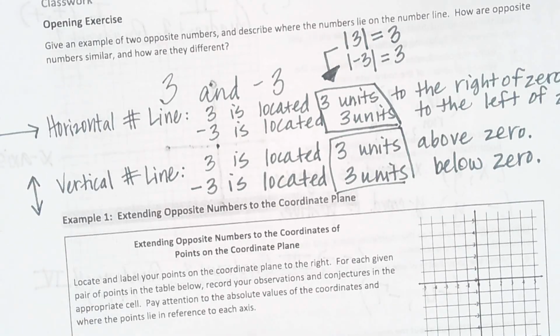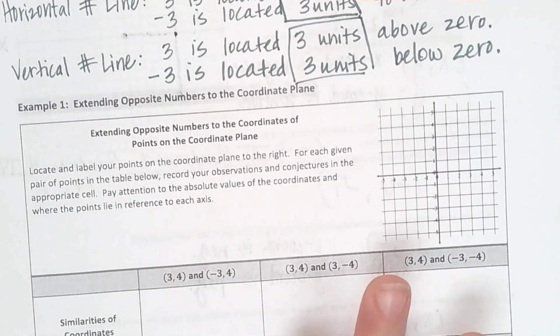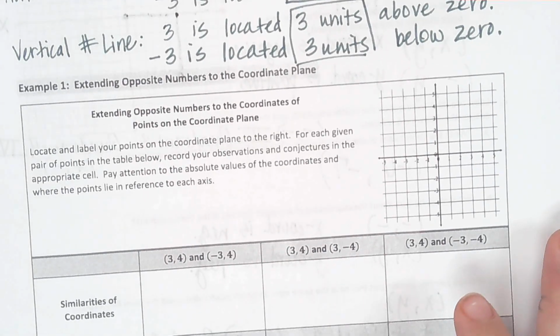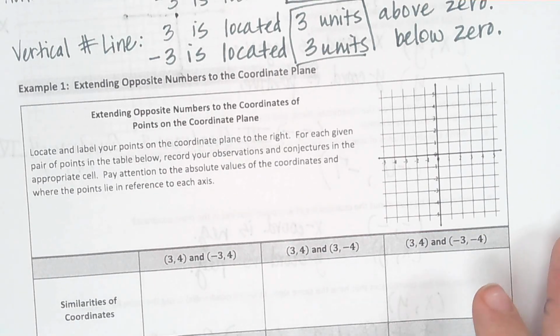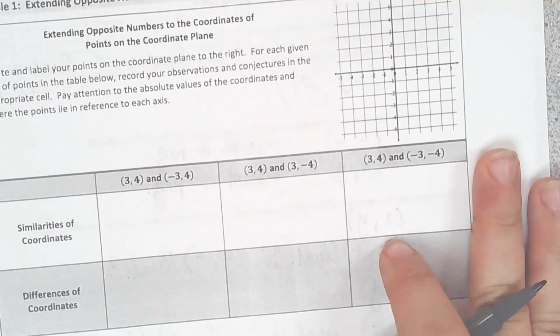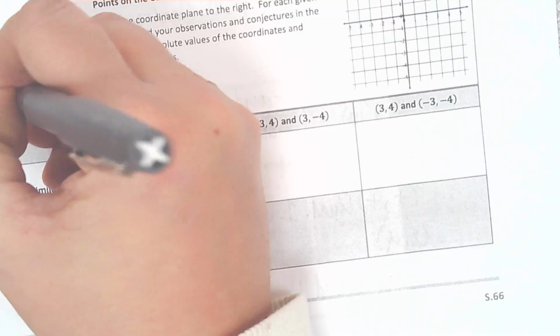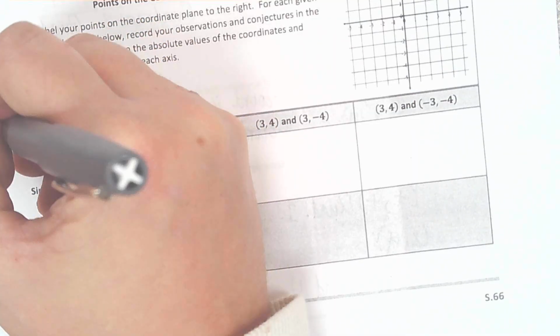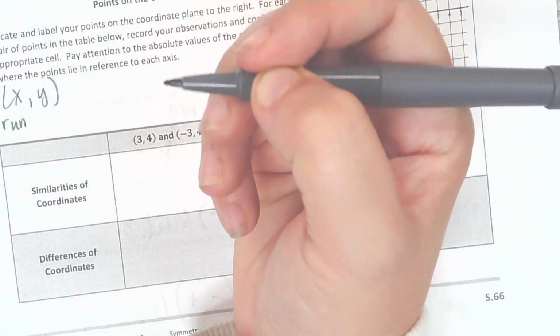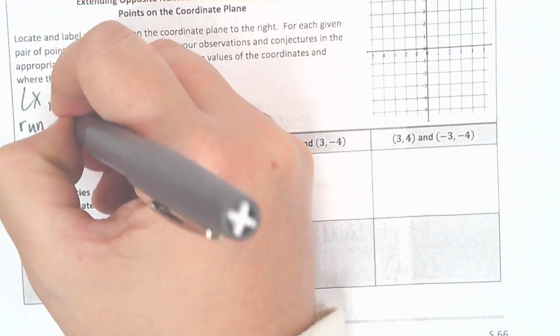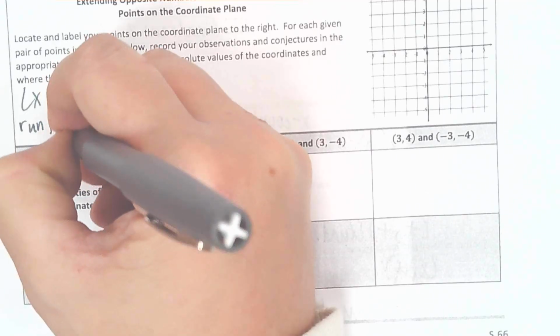Okay, so that was a review on absolute value. Now we're going to take that absolute value in the opposite language that we just reviewed, and we're going to extend it to the coordinate plane. So just a reminder that X and Y, we run, then we jump or drop.